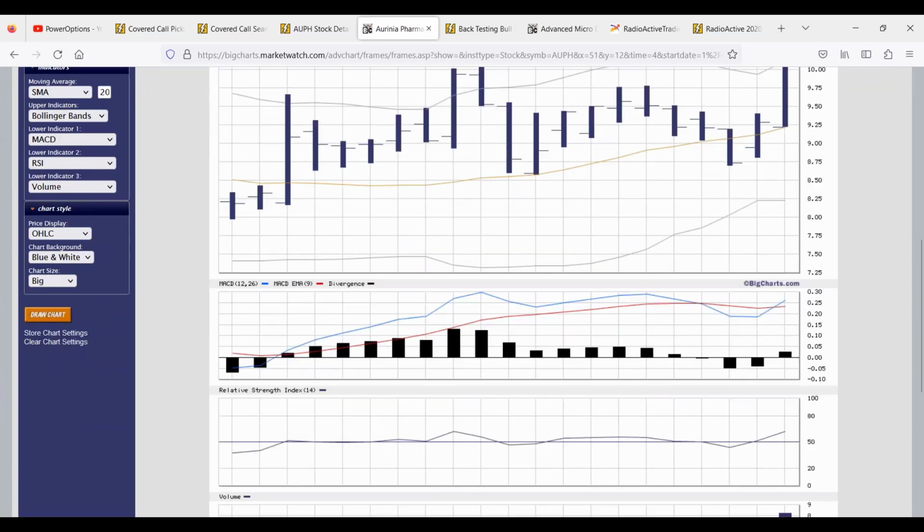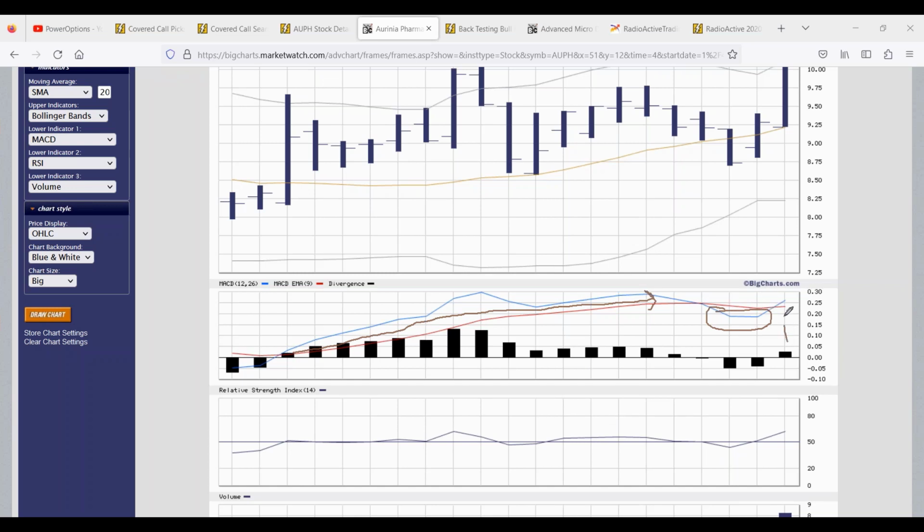There it is. Okay, so even here, although it's getting close, the MACD 12-26 has been above the EMA 9, or the signal line, for more than 5 days. In the last 4 days, there was a pullback on the stock, and that was no longer occurring.